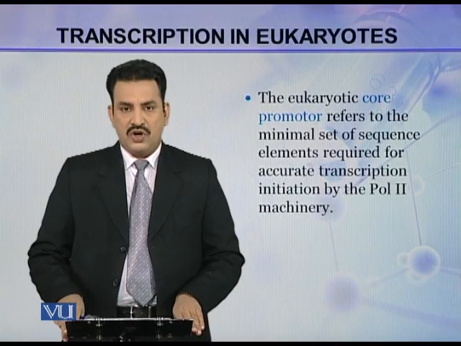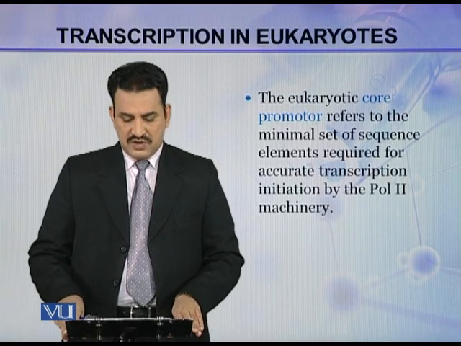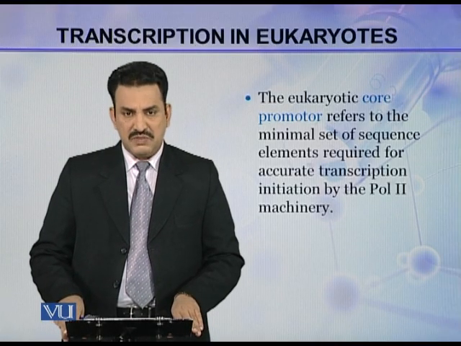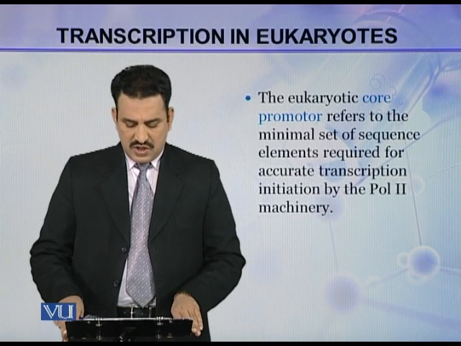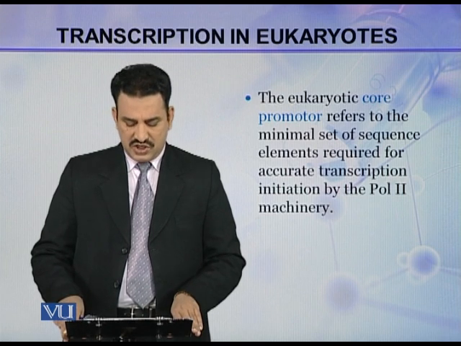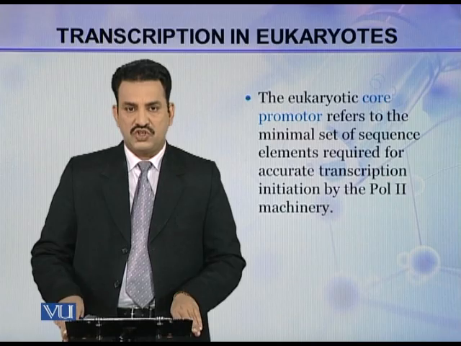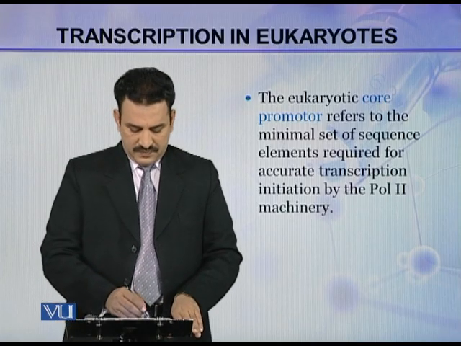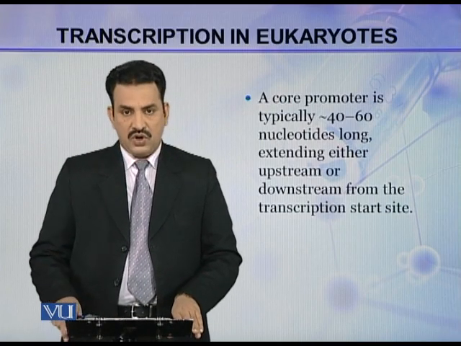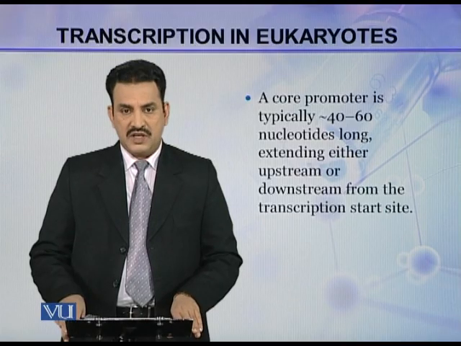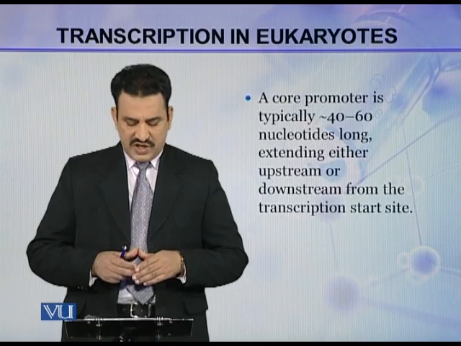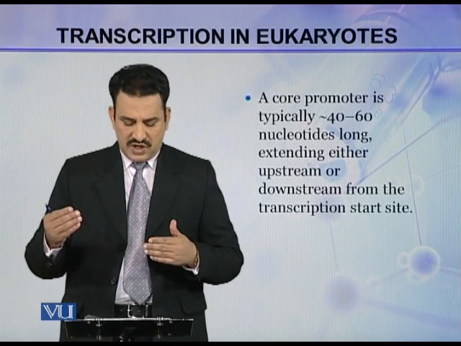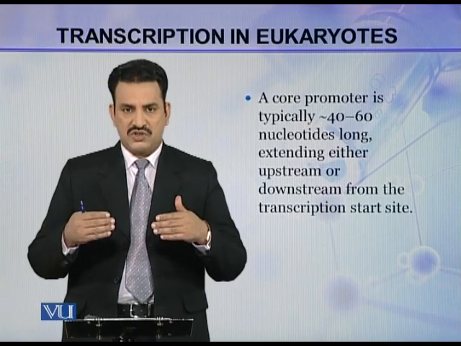The eukaryotic core promoter refers to the minimal set of sequences or sequence elements that are required for accurate transcription initiation by the POL2 machinery. A core promoter is typically about 40 to 60 nucleotides long, extended either upstream or downstream from the transcription start site.